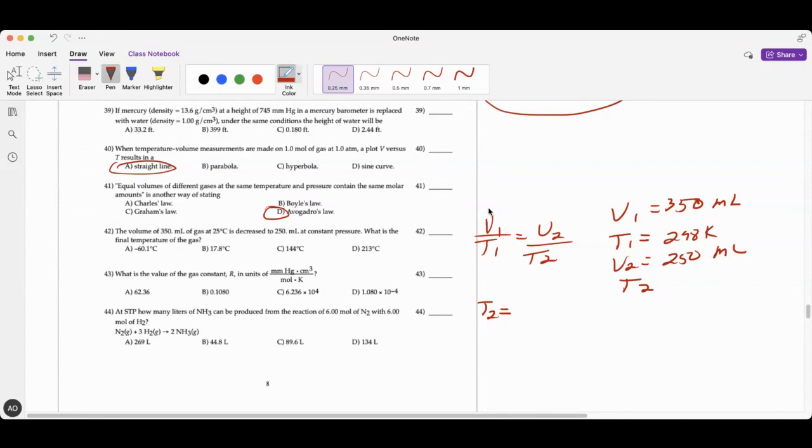You want V1 over T2 equal to V2 over T1?